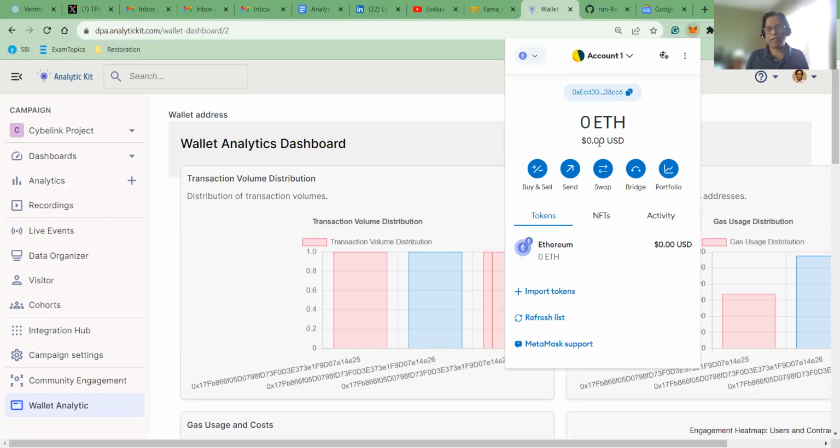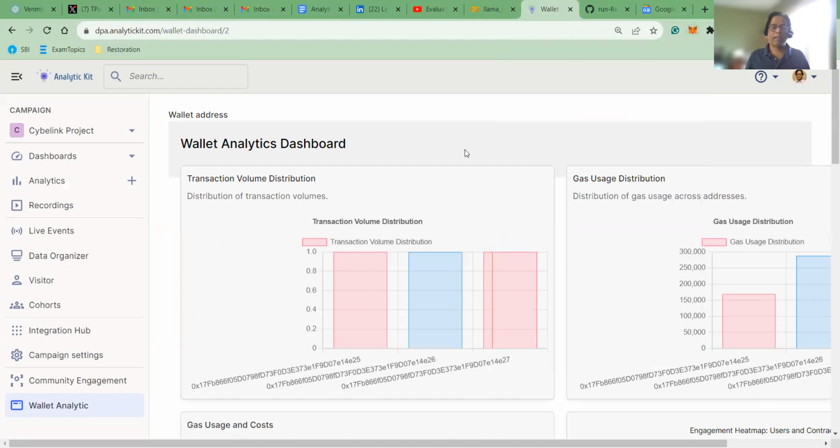Right now, I don't have any ETH. It is just my test account. Whatever public addresses I have in my wallet, whether one address or two, those public addresses will be stored in our systems automatically. And then that data will be used to retrieve the Ethereum blockchain data for you to do the analysis.